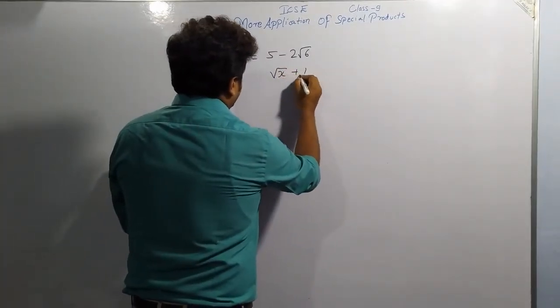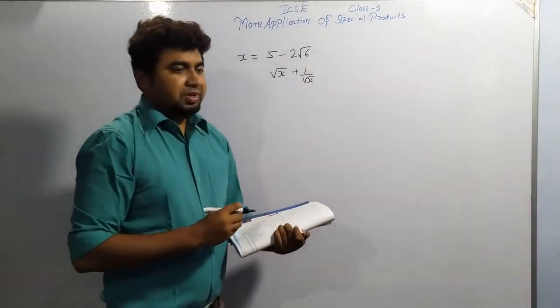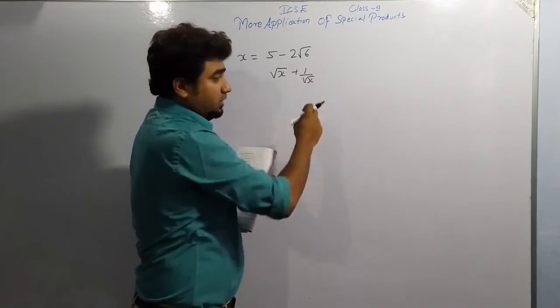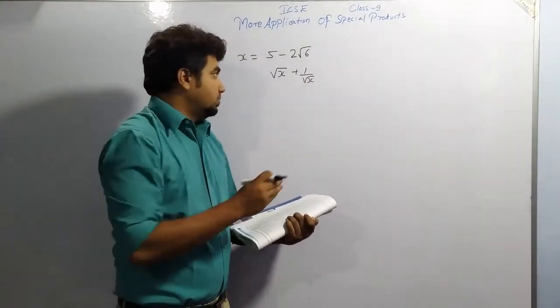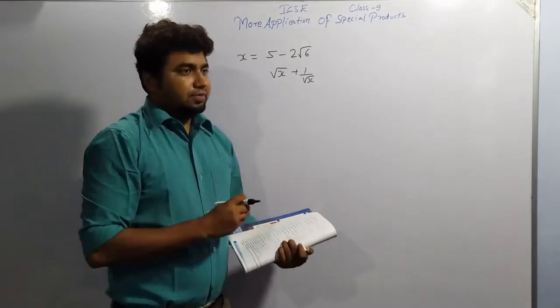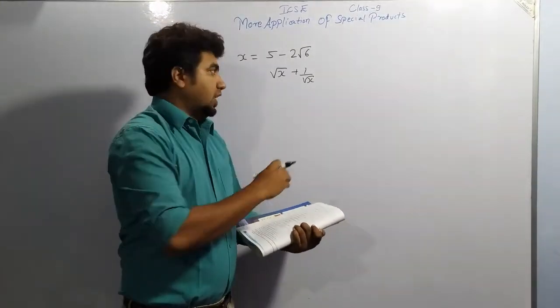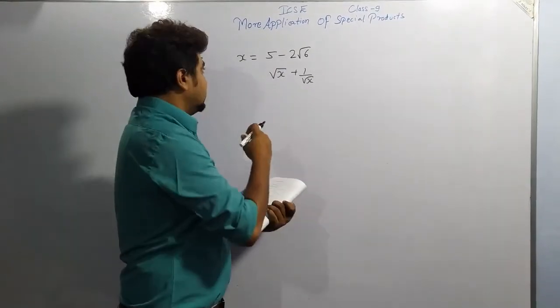I have explained many times that whenever you have to find a plus b, you have to take the square of these numbers, a plus b whole square, and then take the root.